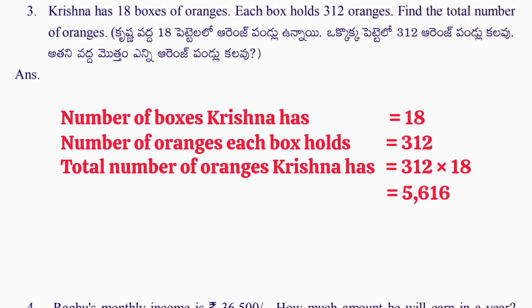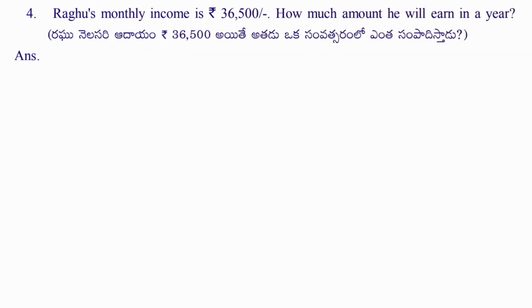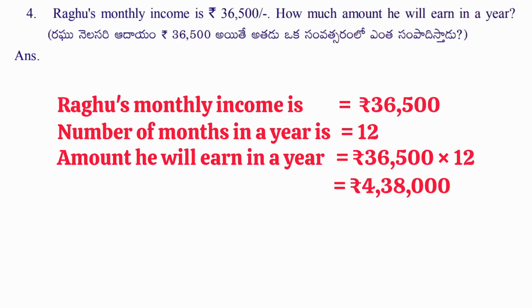Got it, guys? Okay, let's move on to the fourth question, which is, Raghu's monthly income is rupees 36,500. How much amount will he earn in a year? Okay, let's see the solution. Raghu's monthly income is rupees 36,500. Number of months in a year is 12.